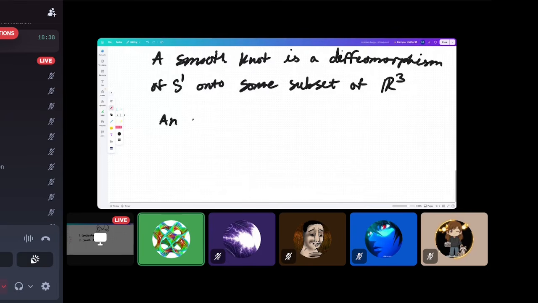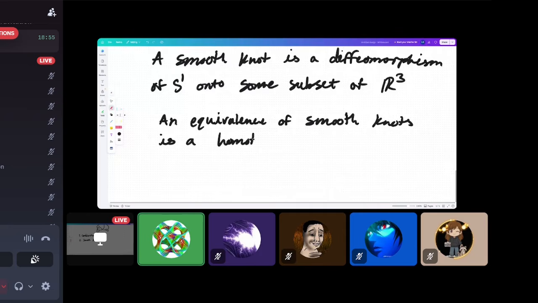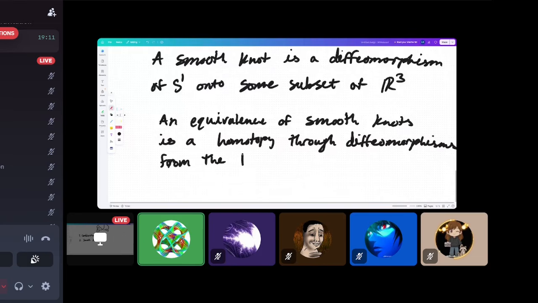An equivalence of smooth knots is a homotopy through diffeomorphisms from the first knot to the second knot.